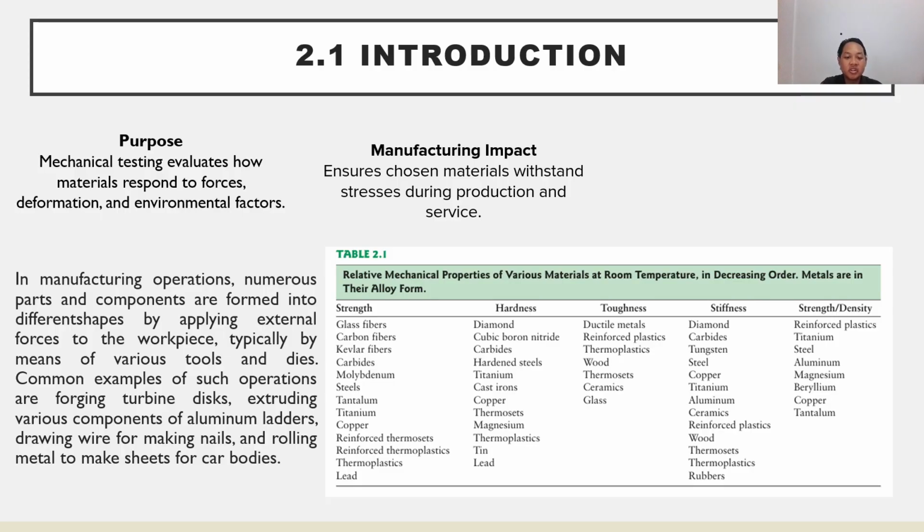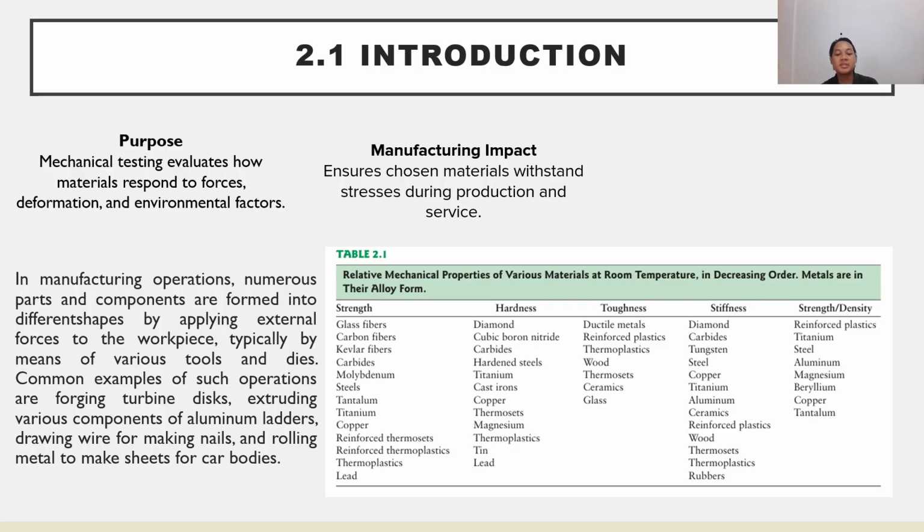This introduction implies why understanding the mechanical behavior of materials is crucial in manufacturing. Testing reveals not just how strong a material is, but also how it reacts under real-world conditions like stress, temperature, and fatigue.